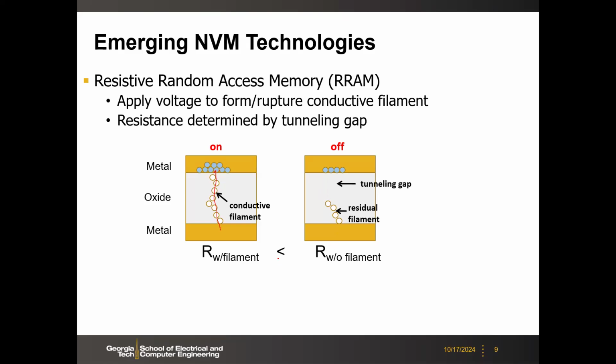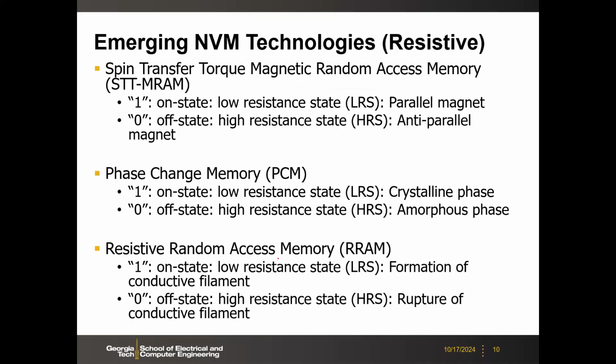So this is a resistive random access memory based on this oxide material. So if you summarize right here, those three emerging memories are all based on resistance.